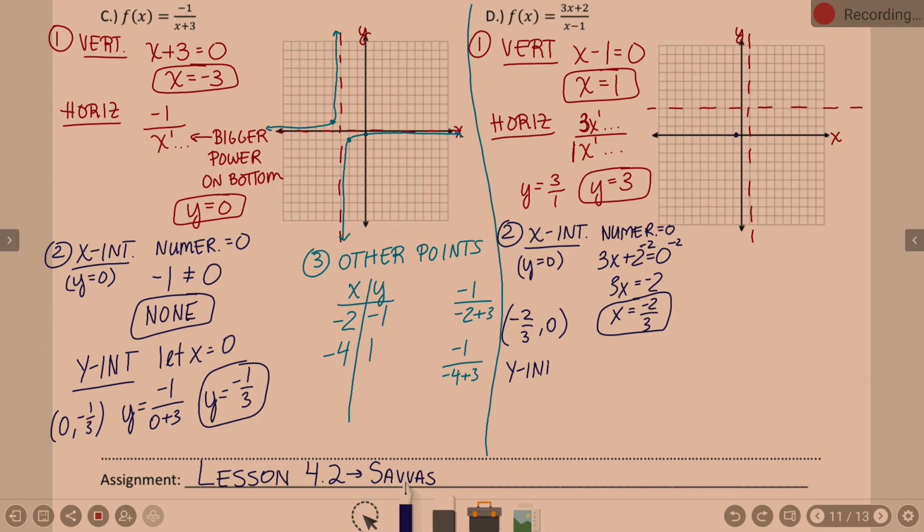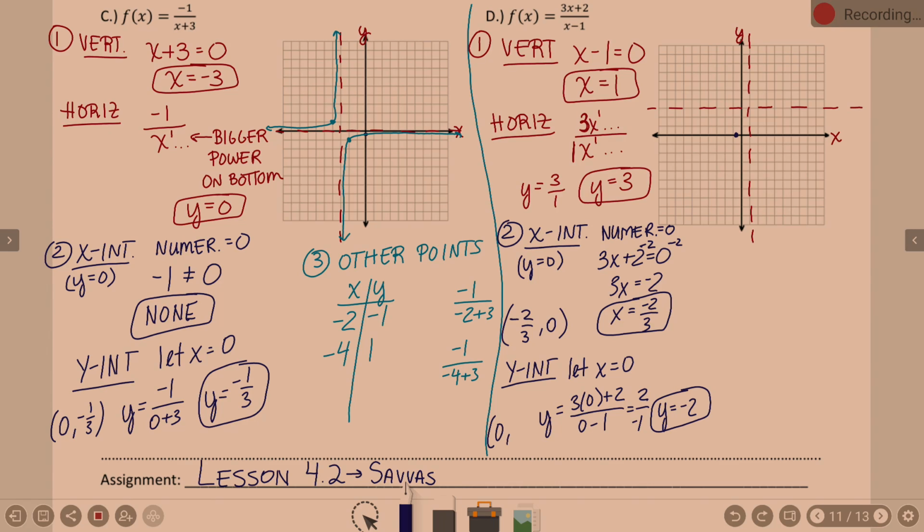When do y-intercepts happen? When x equals 0. So y equals 3 times 0 plus 2 over 0 minus 1. Two over negative 1, is that what you said? Yep. Which is negative 2.